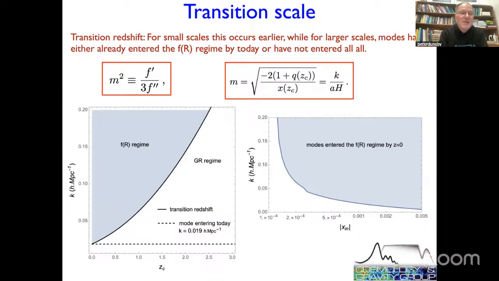In that case, when k is 0.05, those scales enter at a redshift of about 0.07. That gives you a sense of what scales are going to be impacted by the modification of gravity when one looks at the evolution of the perturbations.